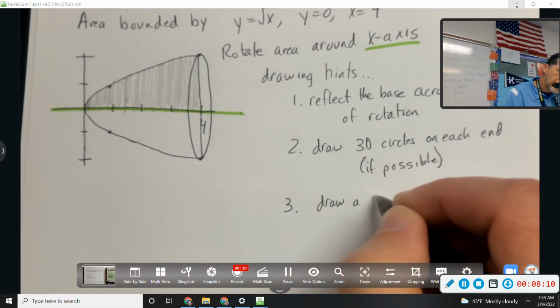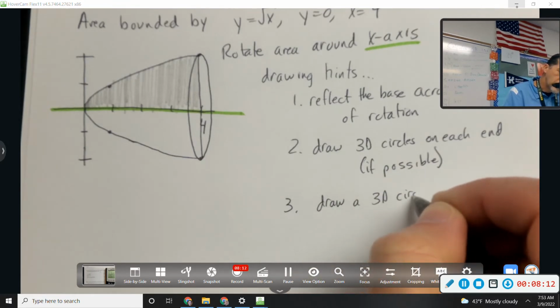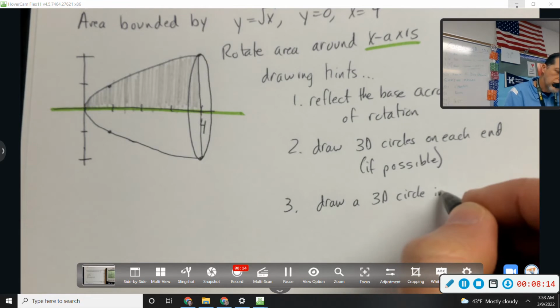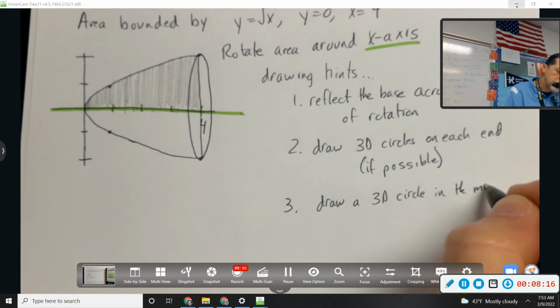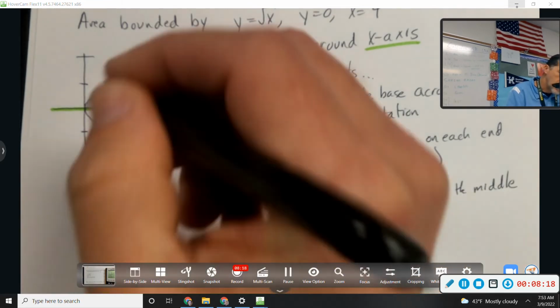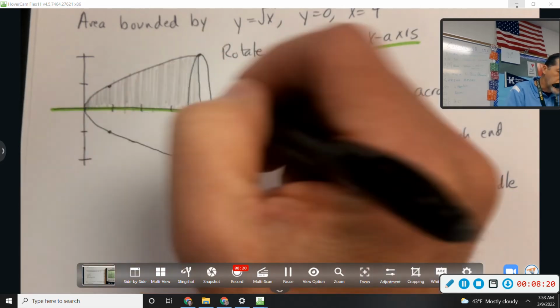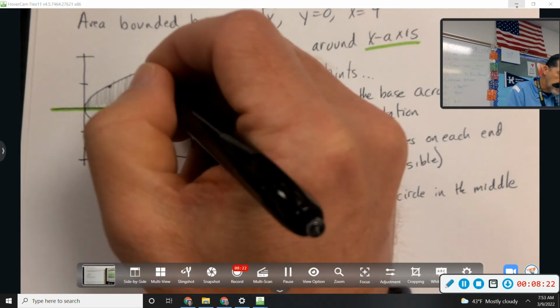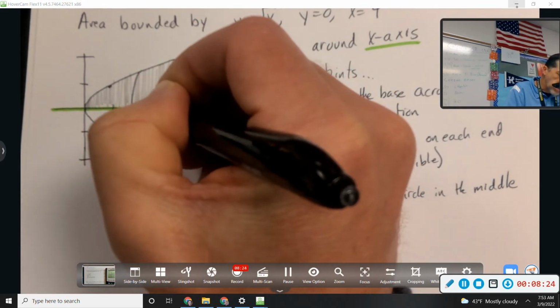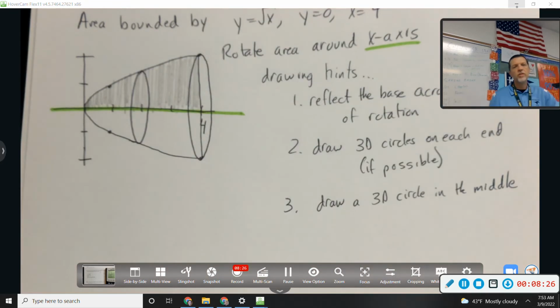And then lastly, draw a 3D circle in the middle. So somewhere between the two ends, just pick a spot and draw a circle in there. So can you visualize what this shape is now?